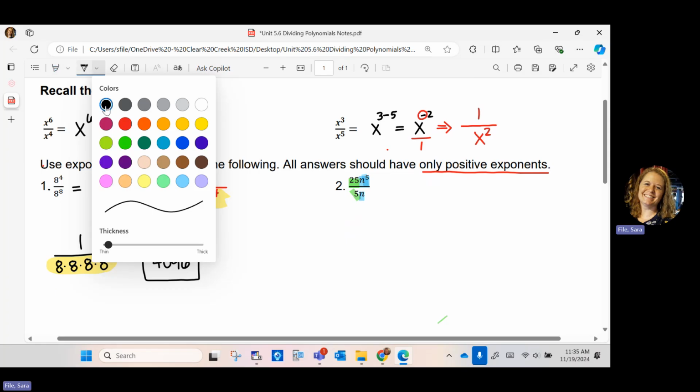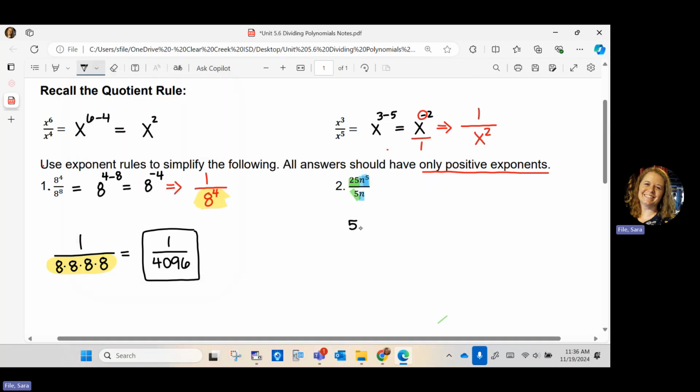So I'm going to divide the 25 over 5, which is just 5. Then I'm going to combine the n: 5 minus an understood 1 for the exponent. So that would be 5 times n to the 4th. No negative exponent, no powers on numbers that I need to simplify. That's as far as we can take it.